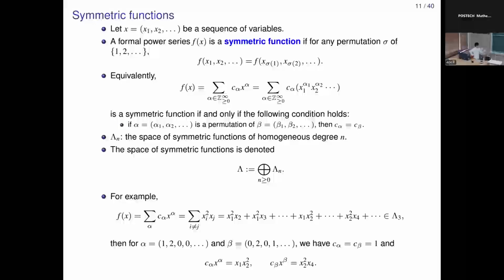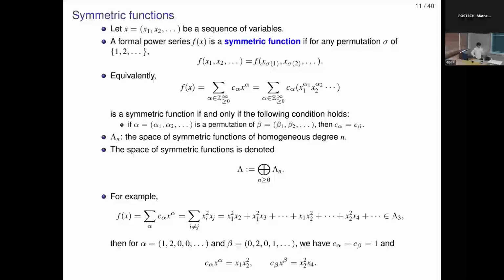For example, if I define this f in this way, for all distinct indices i and j, I add x_i squared x_j. I listed some of the terms, like we may have terms like this or this, and so on. By definition, it is quite clear that it's symmetric, and it's homogeneous of degree 3.